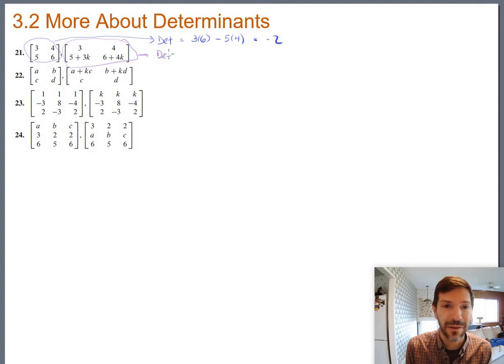Now the determinant for the 2 by 2 is still 3 times (6 plus 4k) minus (5 plus 3k) times 4.